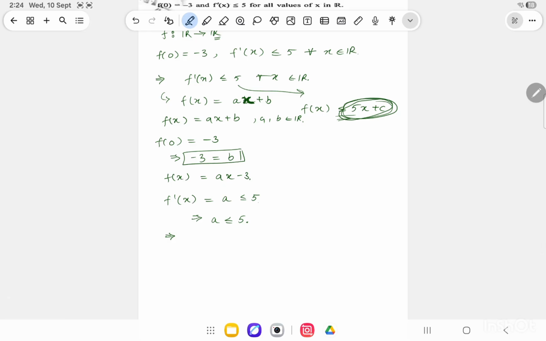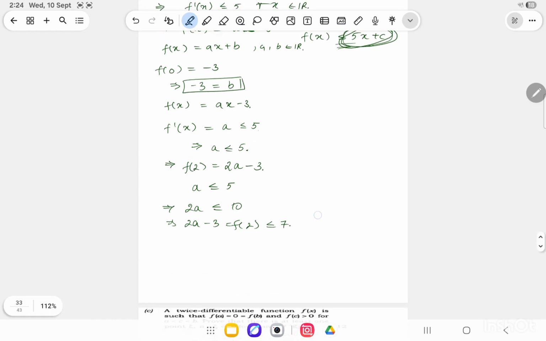So my value of f at 2 will be basically 2a minus 3, but a is always less than or equal to 5. So from here 2a will be less than or equal to 10, and 2a minus 3, that is f(2), will be less than or equal to 10 minus 3, that is 7. So the upper bound of f(2) is 7.